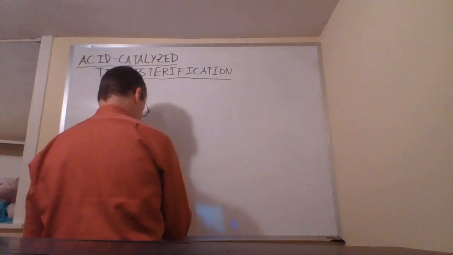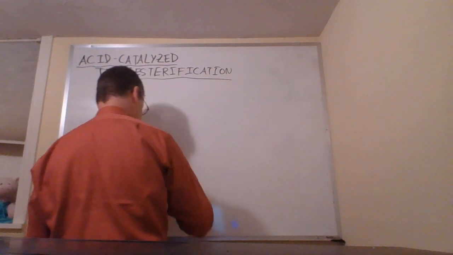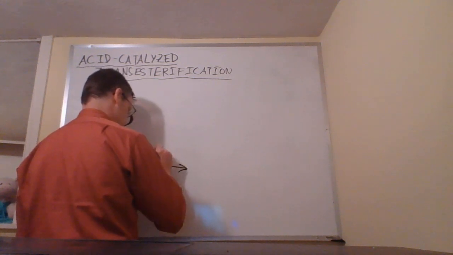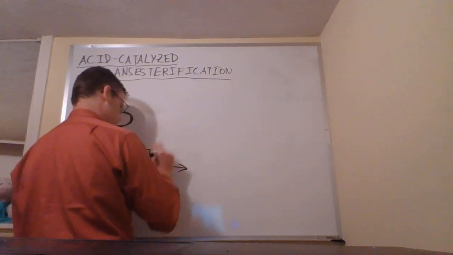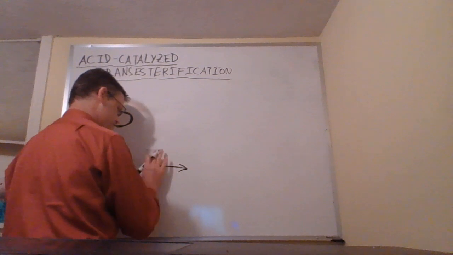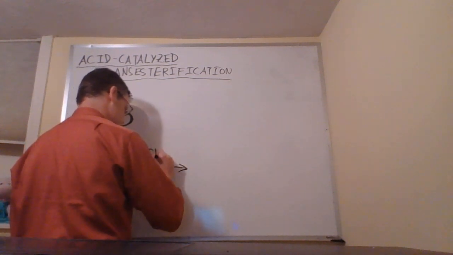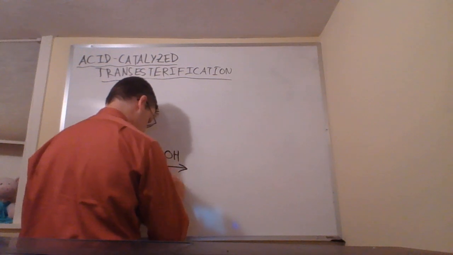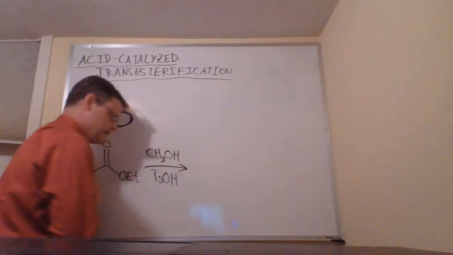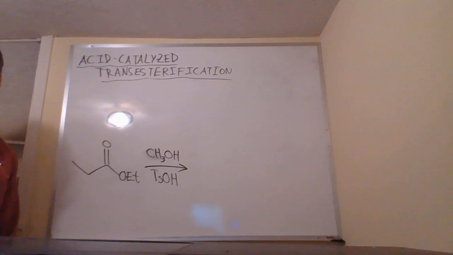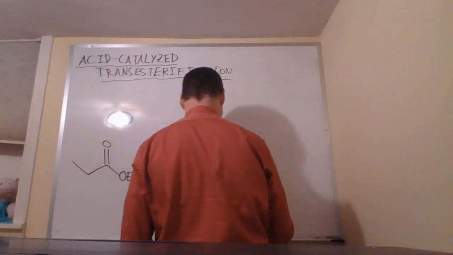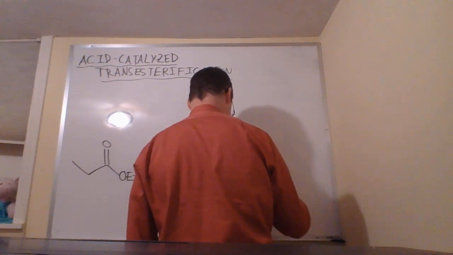Instead of using sodium hydroxide and methanol, I'm going to use methanol, CH3OH, and paratoluene sulfonic acid. Sulfuric acid is probably more common, but it takes me longer to draw it, so I'm trying to cut some corners here.